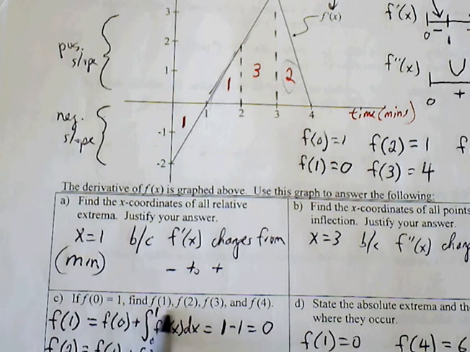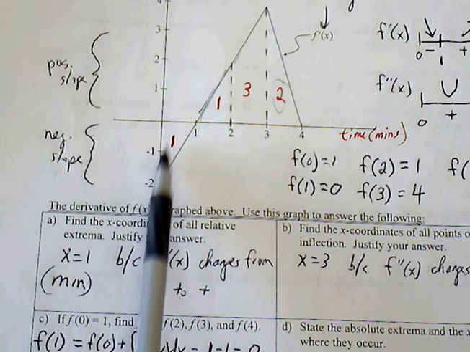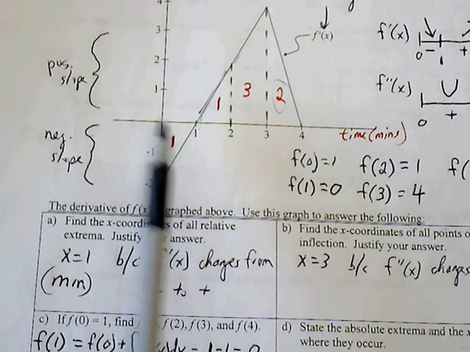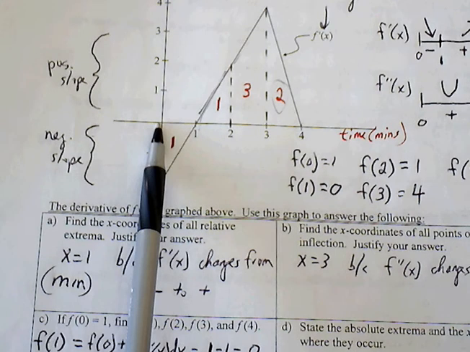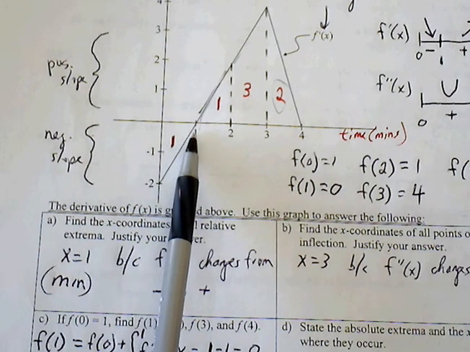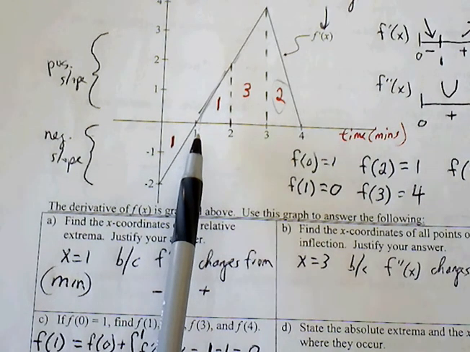Where is the object going to be after 1 minute? From 0 to 1, he's going to be moving in a negative direction. So if he starts at mile marker 1 and goes in the opposite direction, then after 1 minute he will be at mile marker 0.